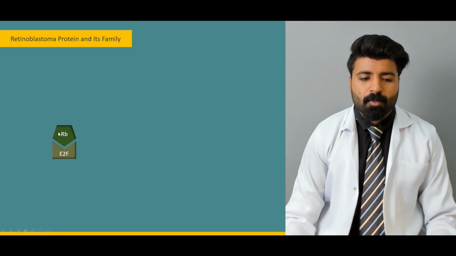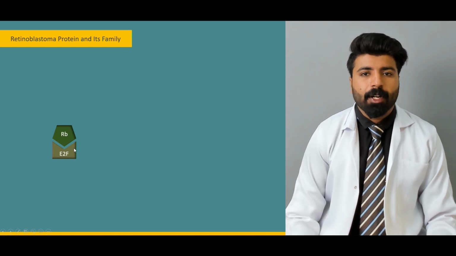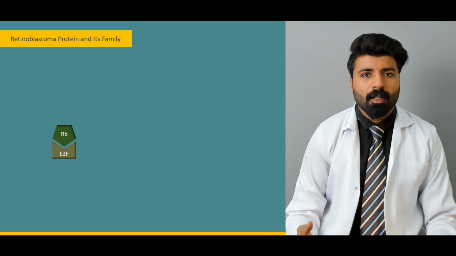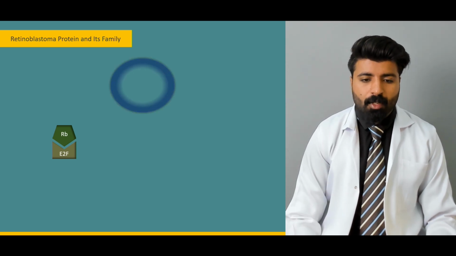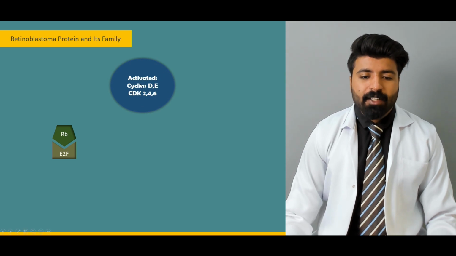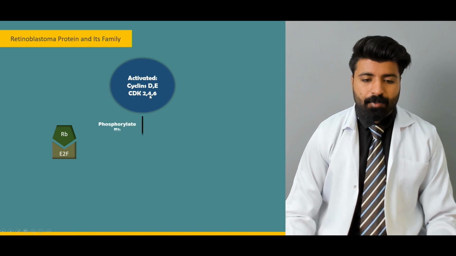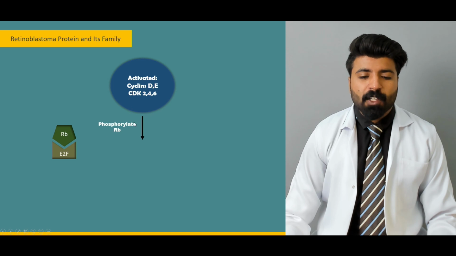So if retinoblastoma is attached to E2F, it's the basic inhibitory regulator that we have. If it won't let it go, transcription won't start and DNA synthesis won't happen. Mutation won't be continued in the next cells. Activated cyclins D, E, and cyclin-dependent kinases 2, 4, 6 are going to phosphorylate the retinoblastoma.